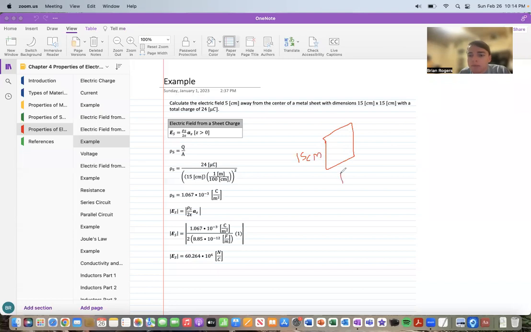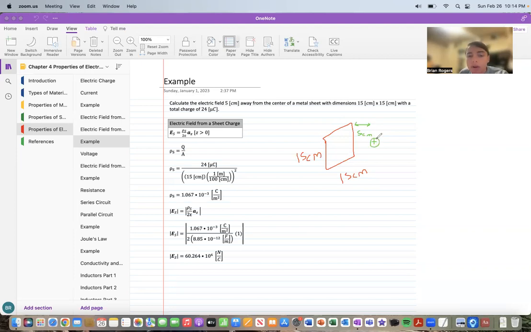And so we know the total charge, which is 24 microcoulombs, but it's talking about the electric field 5 centimeters away. So if we're talking about 5 centimeters away, I'm going to say that's like about this distance here, 5 centimeters. And so here we have a positive test charge, so we're actually going to have a proton.